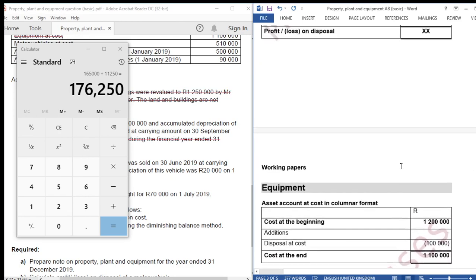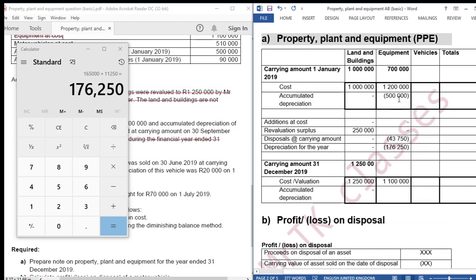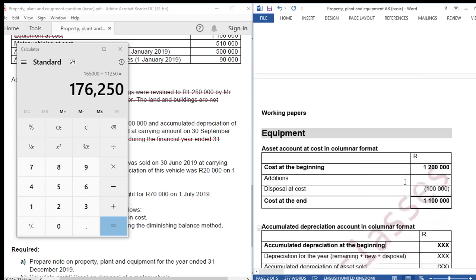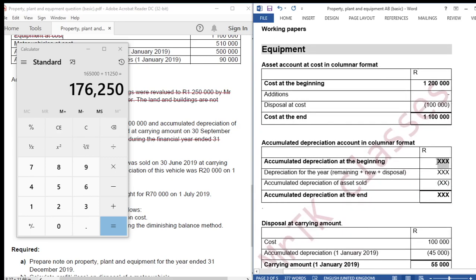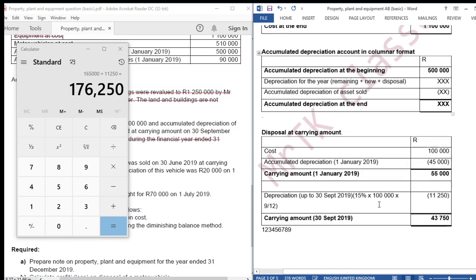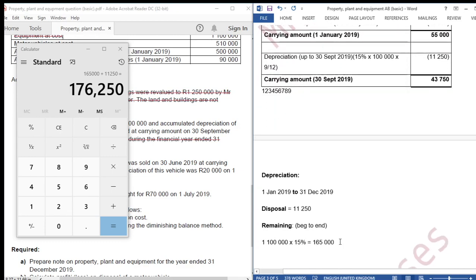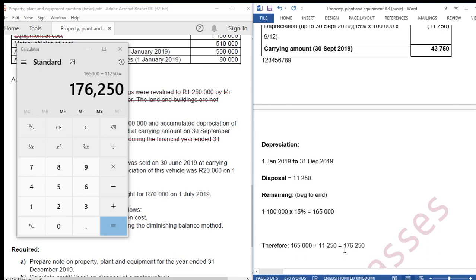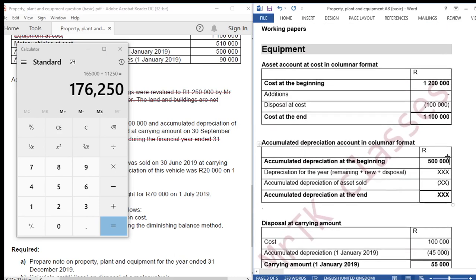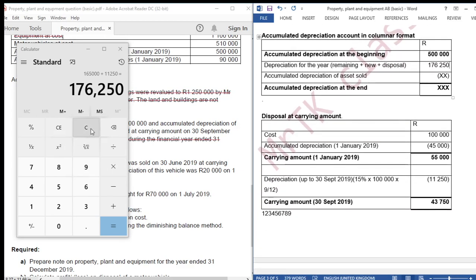We are going to say, what was our accumulated depreciation at the beginning? 500,000. Right? Depreciation for the year, 176,250. Right? Accumulated depreciation of assets sold.